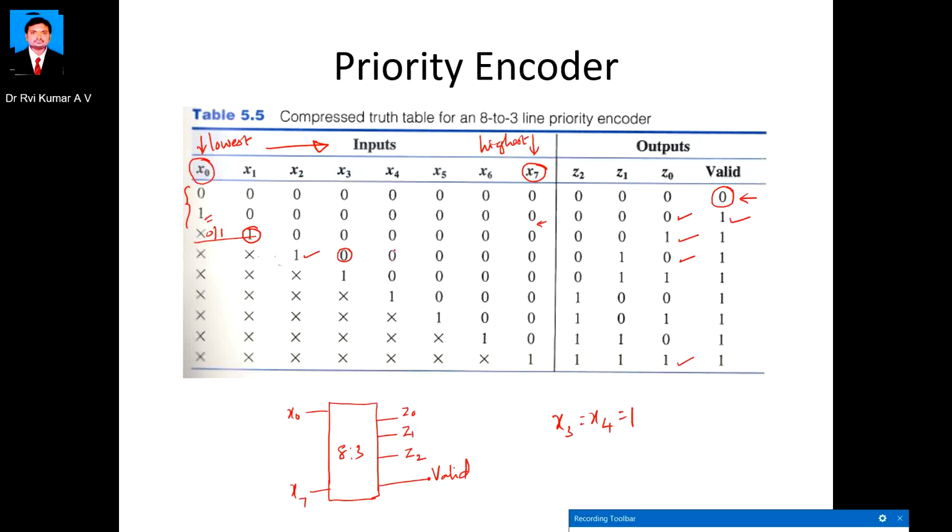At any time I can give it like this: x3 is 1, x4 is 1. Since x4 has the highest priority, it is taken as x4 and will be encoded as 4, that is 1000. So this is how we can eliminate the problems in the encoder. So this is your priority encoder.